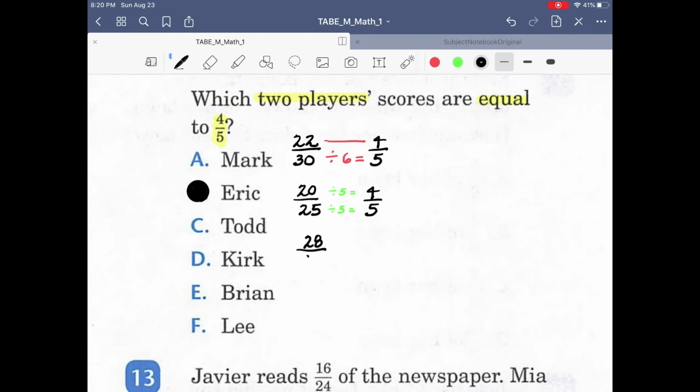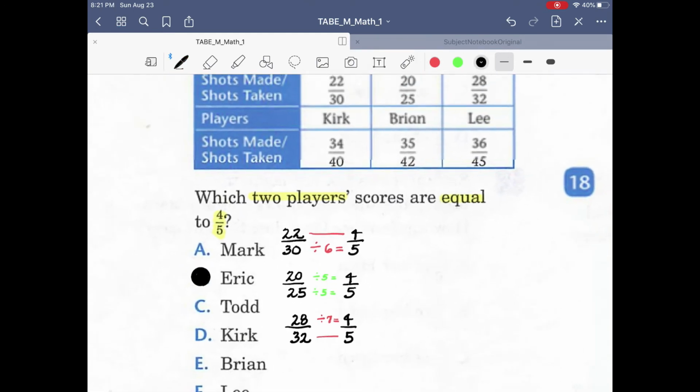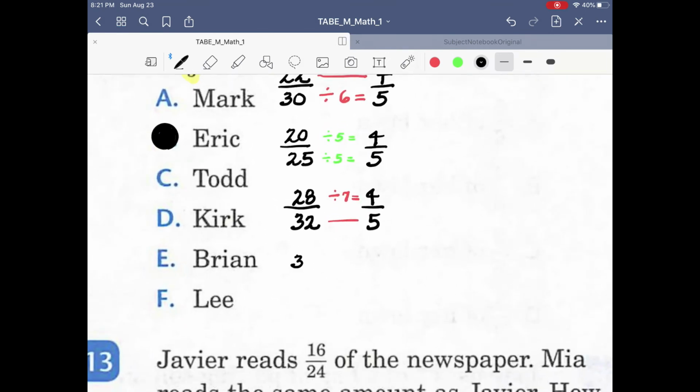So let's check Todd. Todd was 28/32. And I can get this one to work on top. I can do 28 divided by 7, but that won't hold true on the bottom. So Todd is not my other one. 34/40.